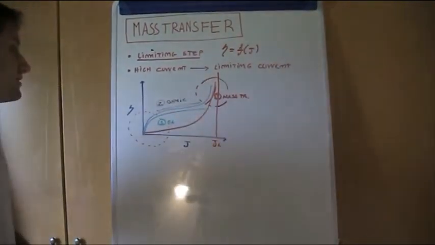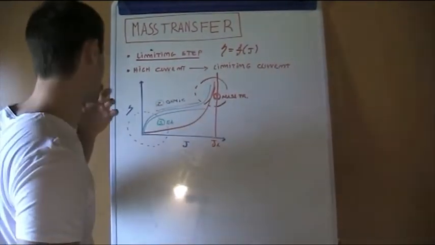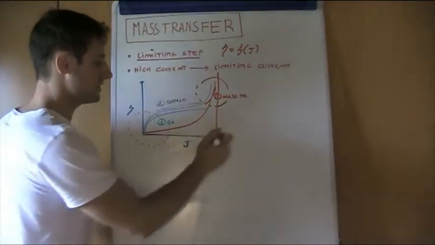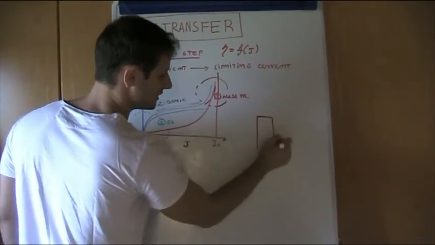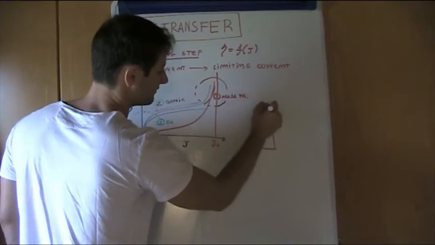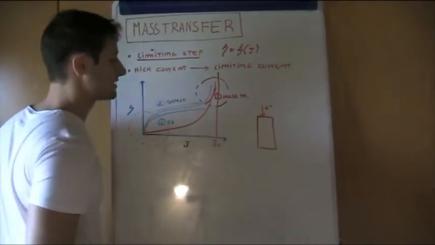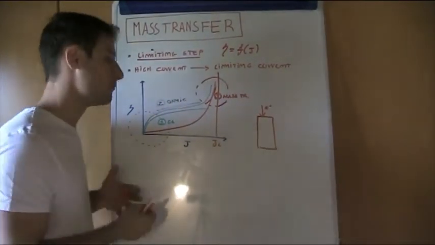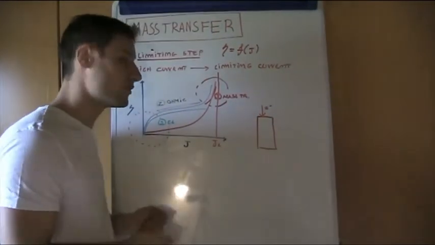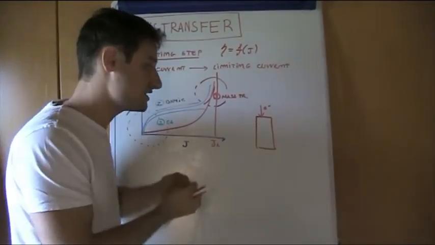What does it mean? If we increase more and more the polarization, maybe polarizing one electrode negatively, we are forcing our reactions to increase their speed.